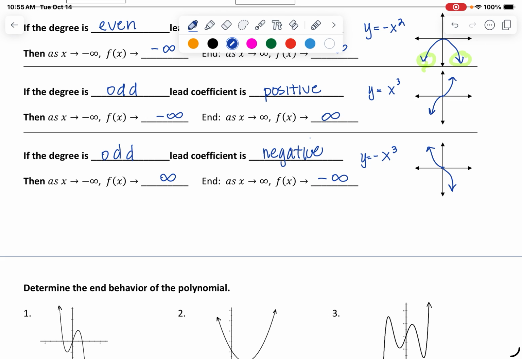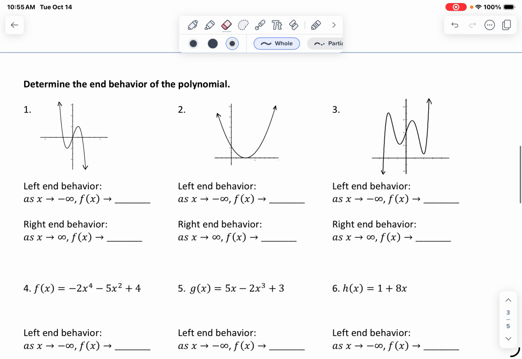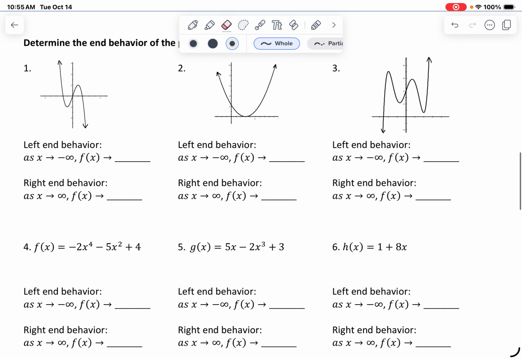Odd, opposite. Even, same, right? If it's a positive lead coefficient, it's like if I were to straighten this, it's like a positive slope line, right? If it's a negative lead coefficient, if I were to straighten this, it's like a negative slope line.